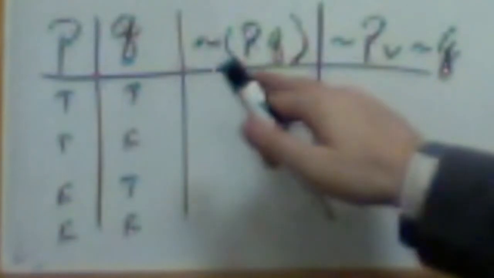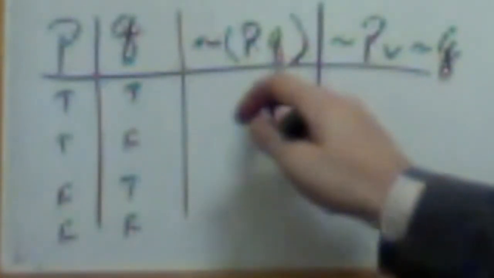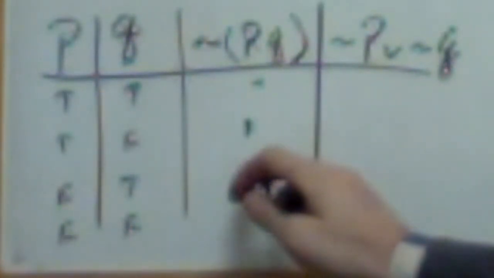And then we're just going to compute the truth values for these statements and compare them to make sure that these in fact say the same thing, so to speak. So let's start with this one here. We'll compute the truth value for p dot q, and then tilde (p dot q). So p dot q has the truth table for a conjunction, so we know it's true when both of them are true and false in every other case.